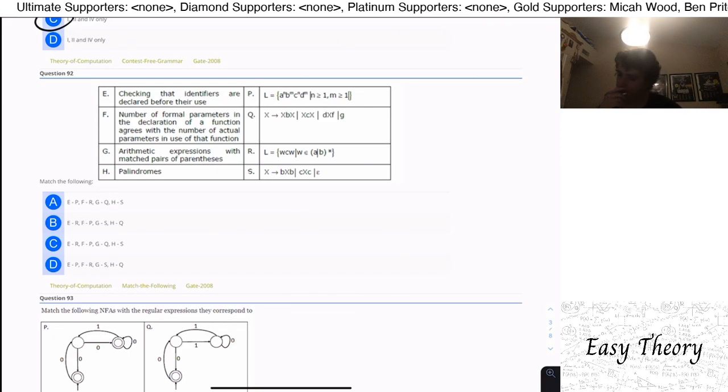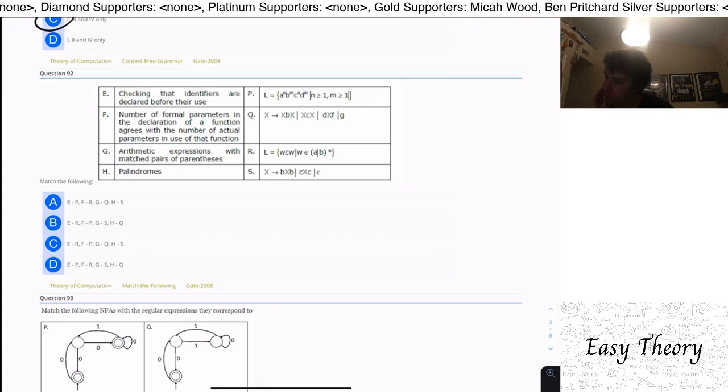92. Let's see. Match the following. Palindromes. So H matches with S, so it's not these two.